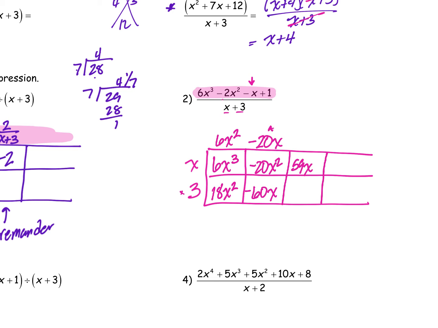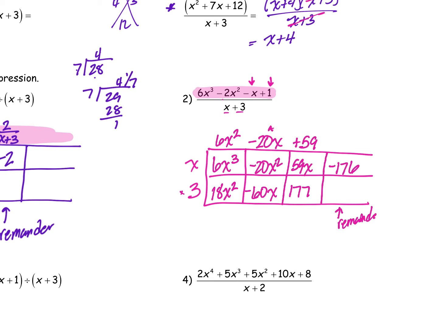What do I multiply x by to get 59x? 59. And then 59 times 3 is 177. Whew. Okay, what do I add to 177 to get 1? Minus 176. And that's my remainder.